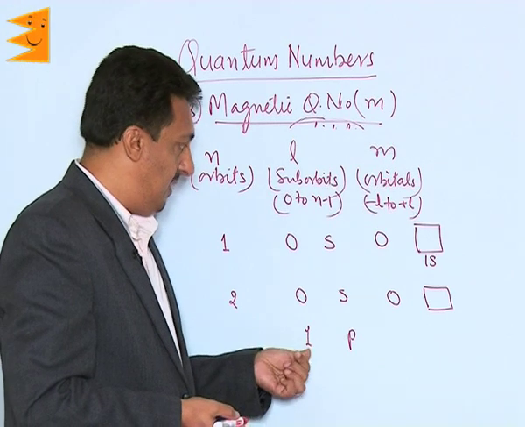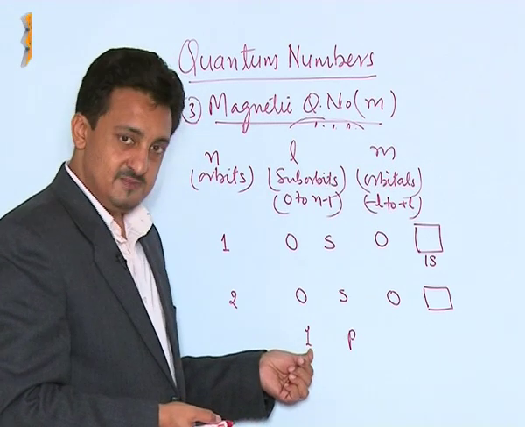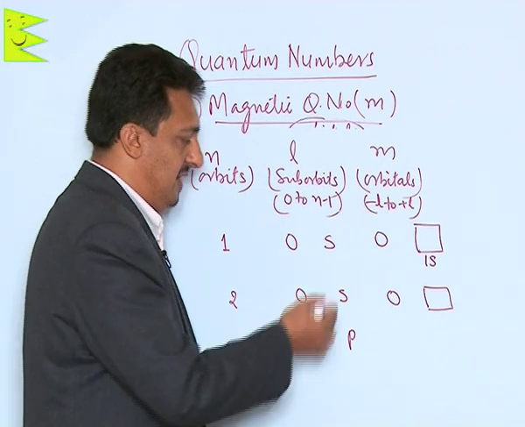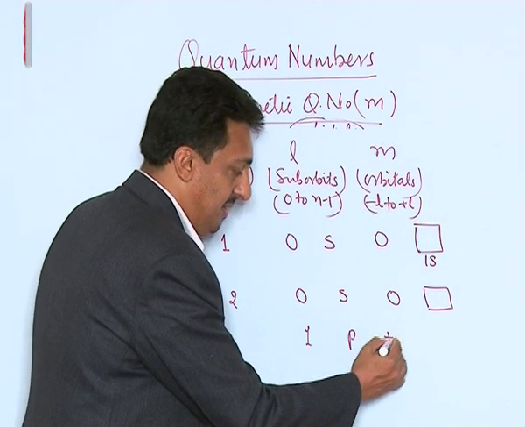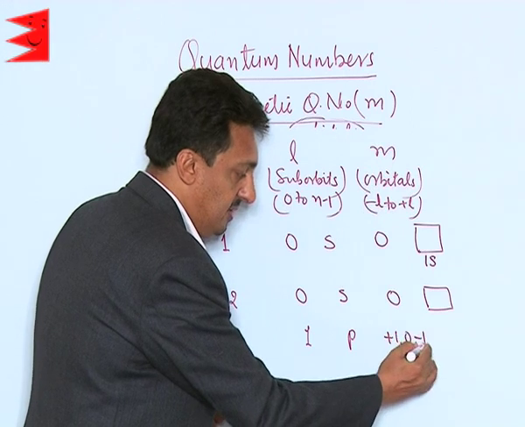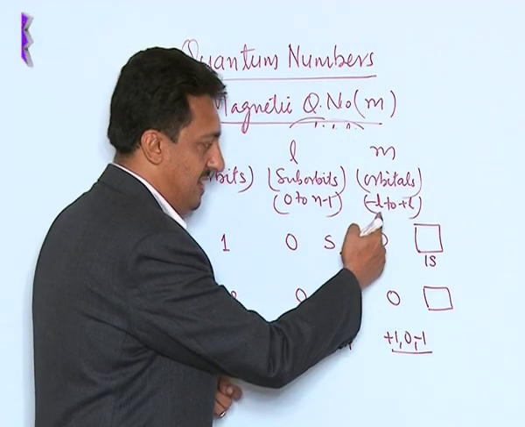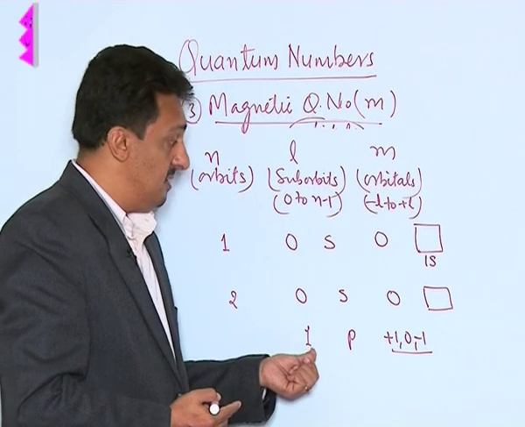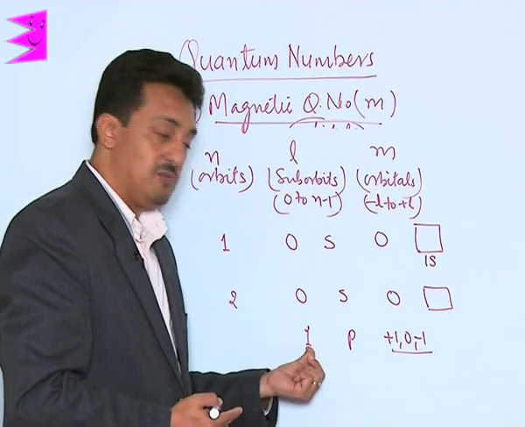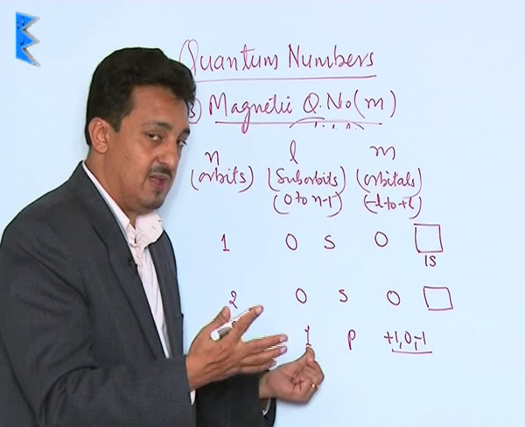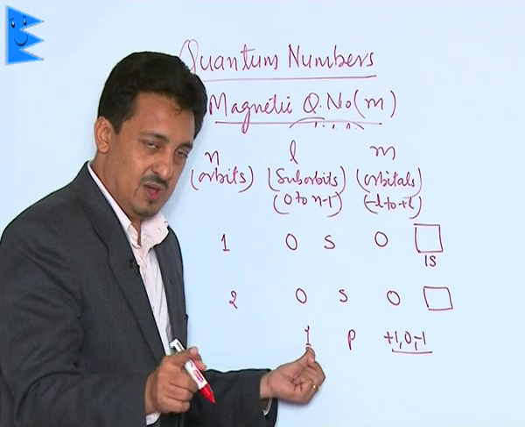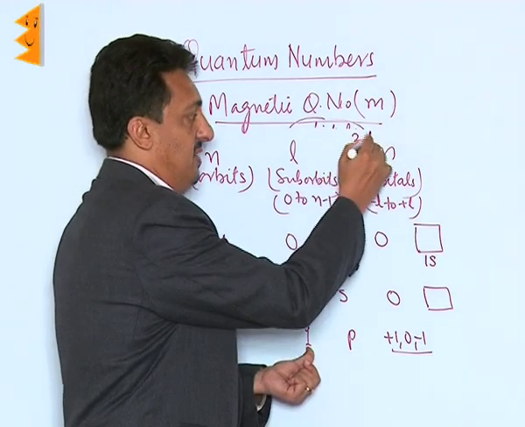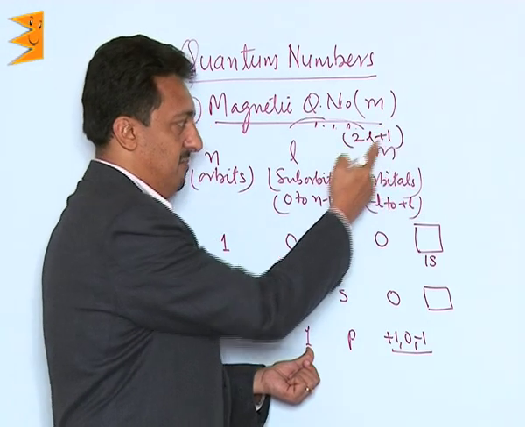But once the value of L is 1, the value of M will be plus 1, 0 and minus 1, because its value is from minus L to plus L. So how many values does it have when L is 1? 3 values. How can we make that out? It's twice L plus 1, so twice 1 plus 1 is 3.